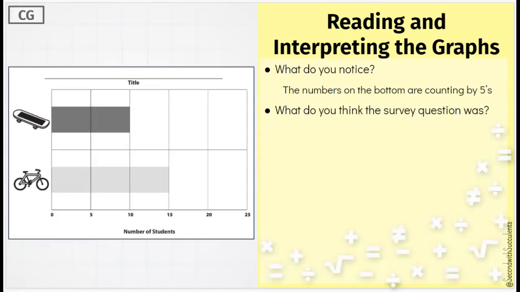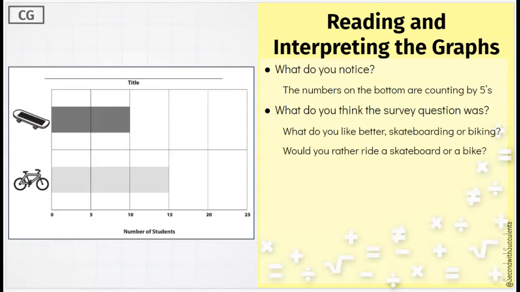Now you may have a few different ideas. Some of your ideas might have been, what do you like better, skateboarding or biking? Maybe you thought, what would you rather ride, a skateboard or a bike? You might have some different ideas too, but these are pretty good ideas of what our survey question probably was.